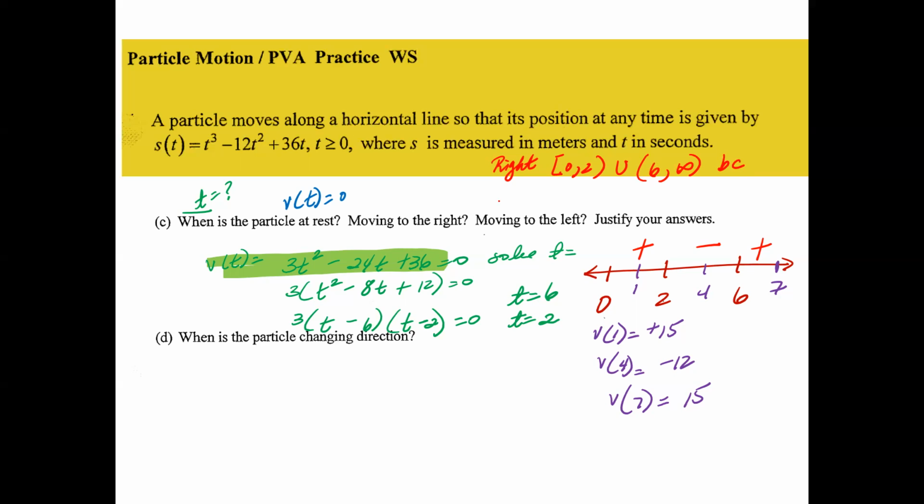Because V of t is greater than 0, and also it's positive. Now, on the opposite side, I can say that this particle is moving to the left between 2 to 6, because the V of t is less than 0. And those will be my responses.